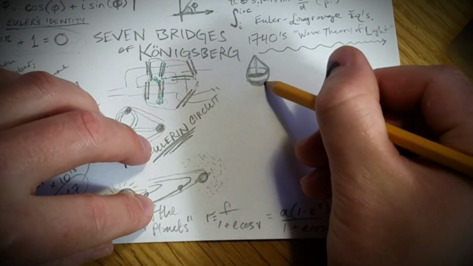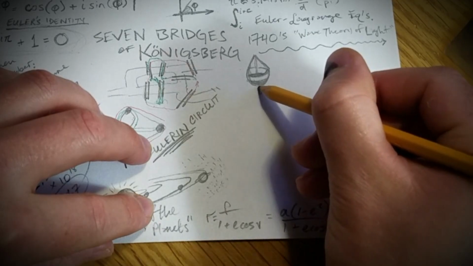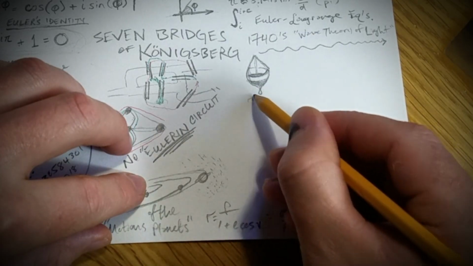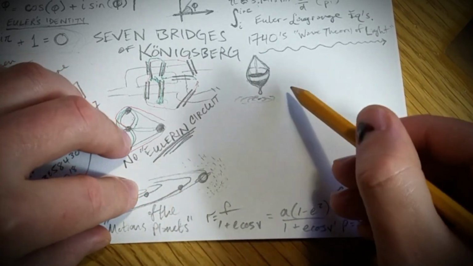And this is of what's called inviscid flow. Man, there's something really satisfying about drawing concentric circles. I don't know why.